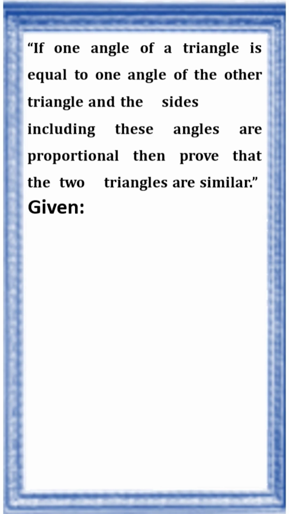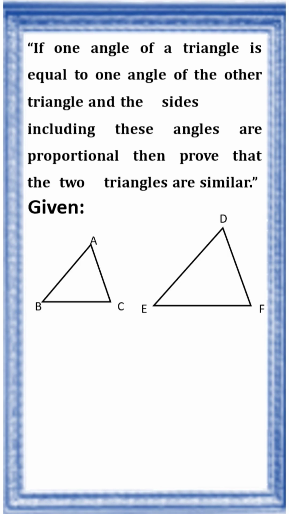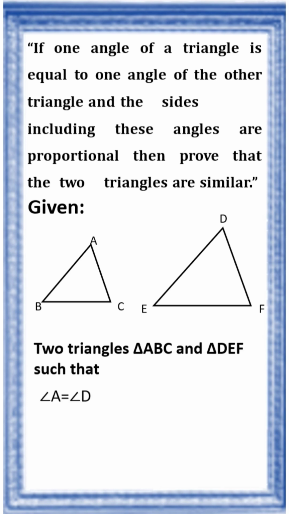Now, what has been given? Here are two triangles, ABC and DEF, such that angle A is equal to angle D, and the sides including these angles, AB and AC, which include angle A, and DE and DF, which include angle D, are proportional.